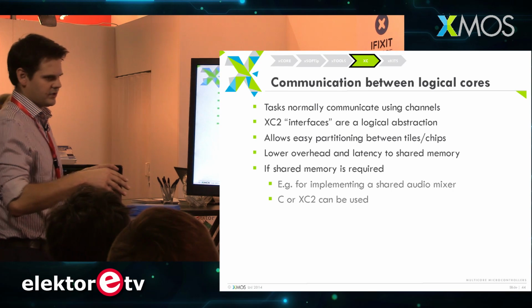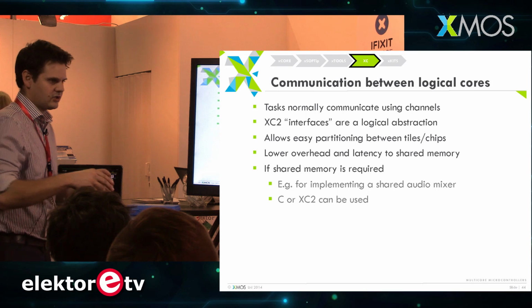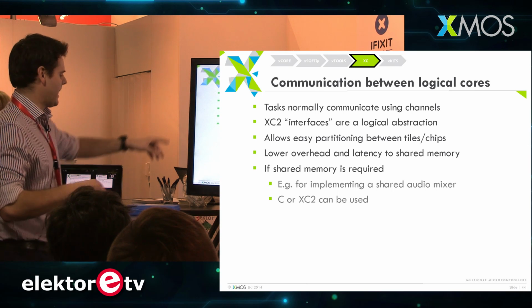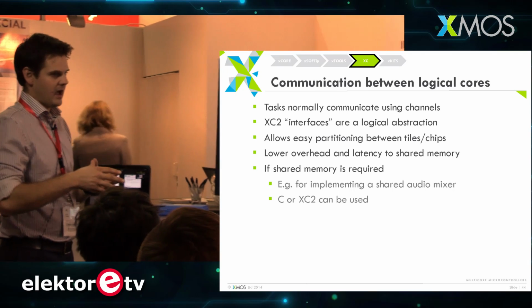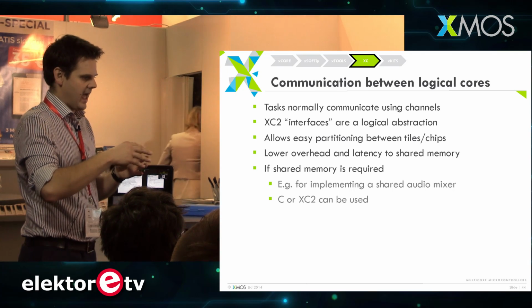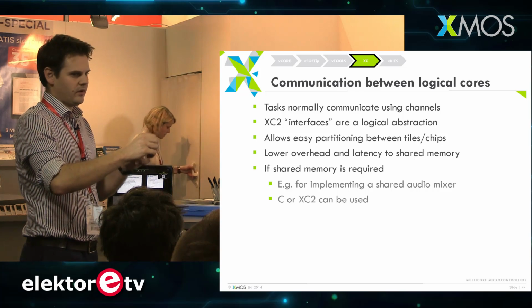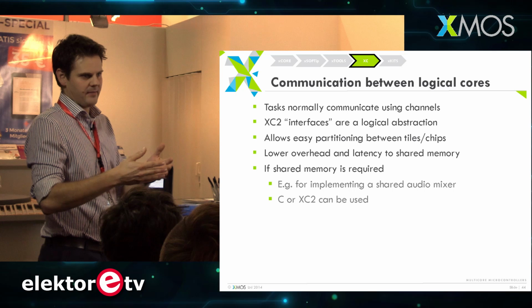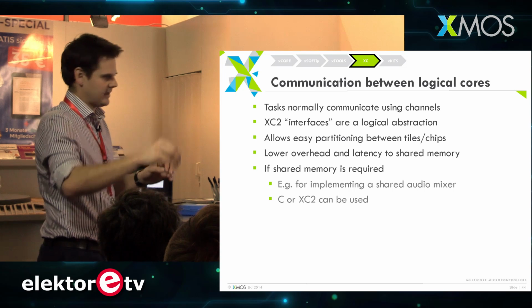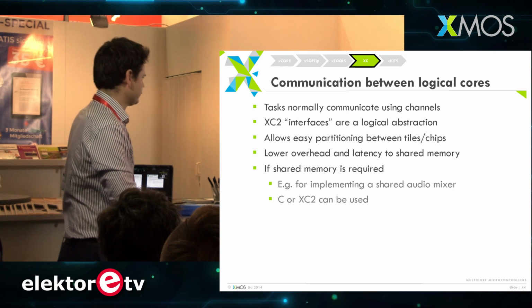Communication between cores. This is achieved using channels, or interfaces is the latest abstraction. And this allows you to define a path between 2 functions, and then the compiler will make the best choices about how to implement that communication structure.